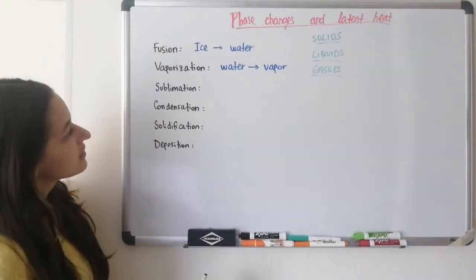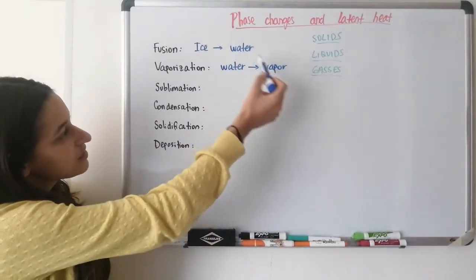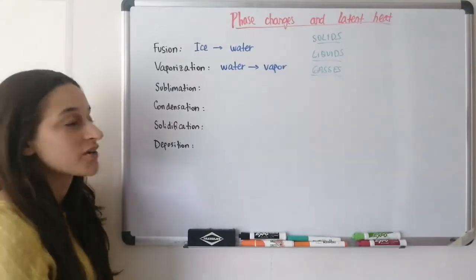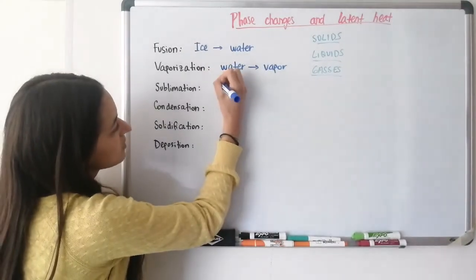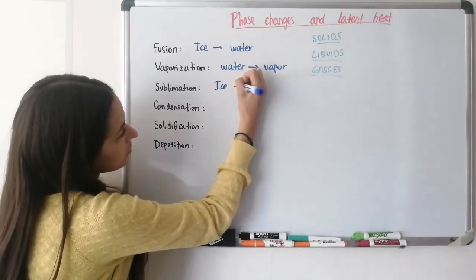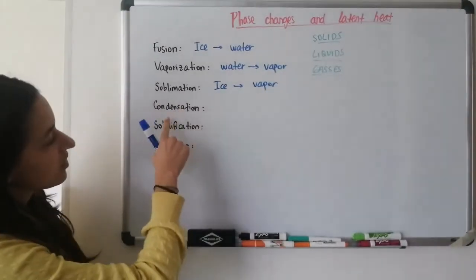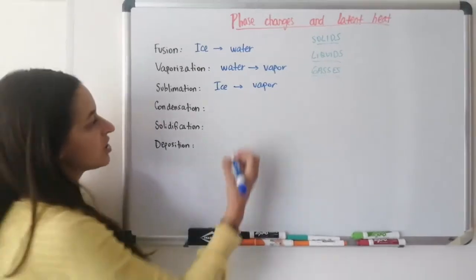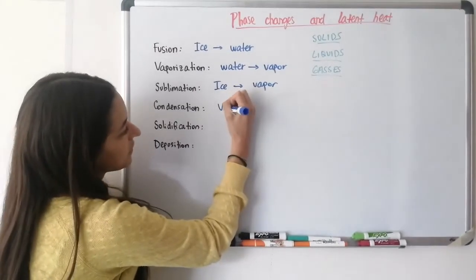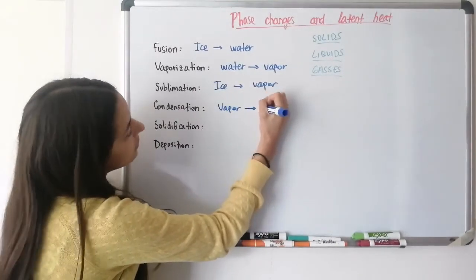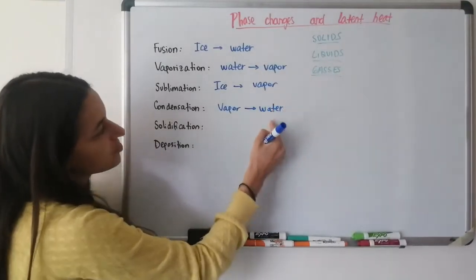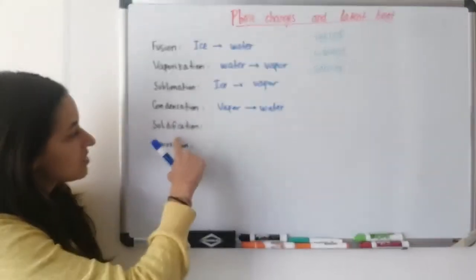Sublimation is directly from ice to vapor, skipping liquid water. So if it skips the middle step, it's called sublimation. And then going in the other direction, we have condensation, which is when you have vapor and you go to water. So it's the opposite of vaporization.